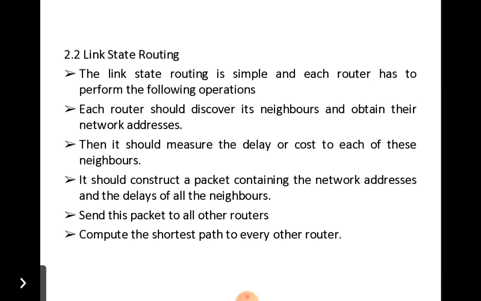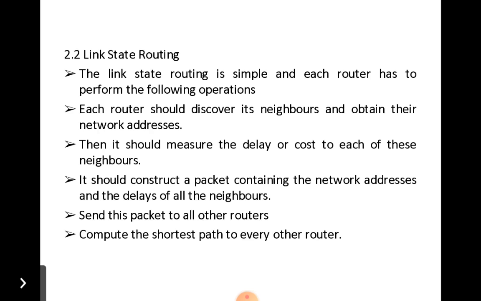Each router should discover its neighbors and obtain their network addresses. Then it should measure the delay or cost to each of these neighbors. In link state routing, all the neighbors share their routing information with all the nodes in the network. It should construct a packet containing the network addresses and the delay of the neighbors.